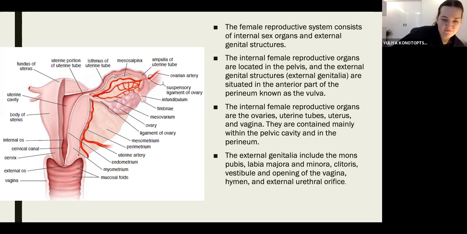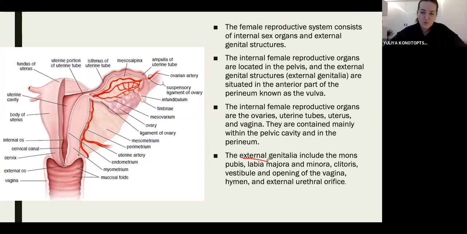Or what is another name? Very old name, nobody uses that name anymore. Oviduct. 3 names talking about the same thing: fallopian tube, uterine tube, or oviduct. So internal female organs are ovaries, fallopian tubes, uterus, and vagina could also be considered internal as well.